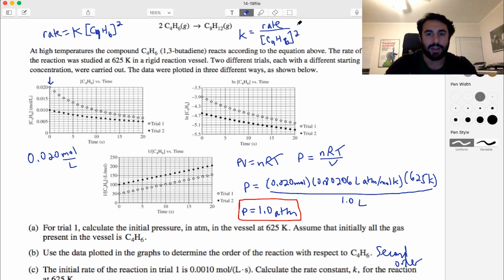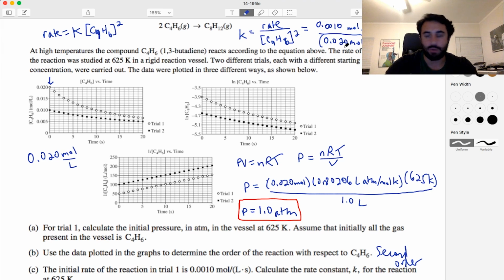So we can now plug in what we know. We can use initial values: initial rate and initial concentration. So let's put in 0.0010, and that is moles per liter seconds, over 0.020 moles per liter squared.